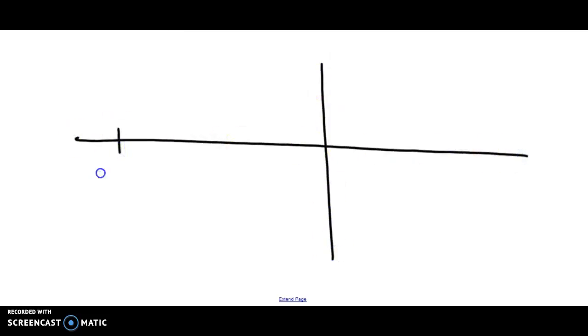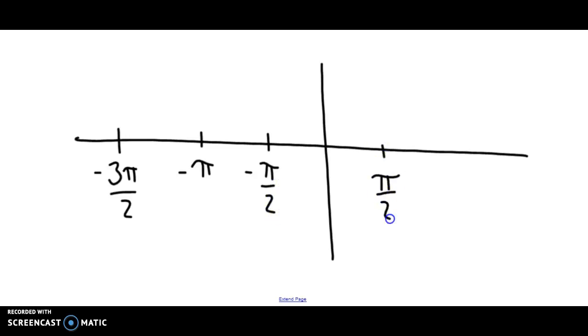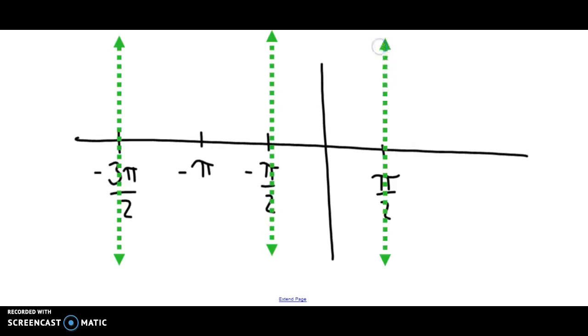Okay, so we had negative 3 pi over 2, negative pi, negative pi over 2, 0, and then a positive pi over 2. So my vertical asymptotes again are going to be at negative 3 pi over 2, negative pi over 2, and a positive pi over 2.